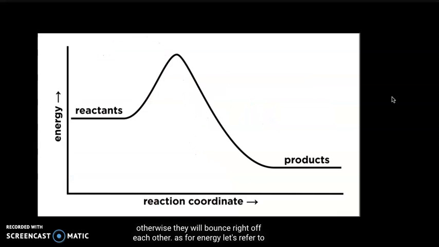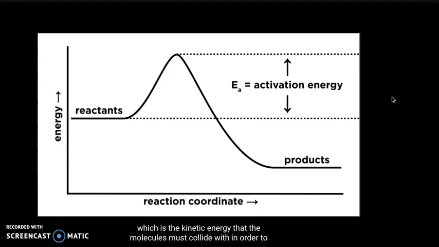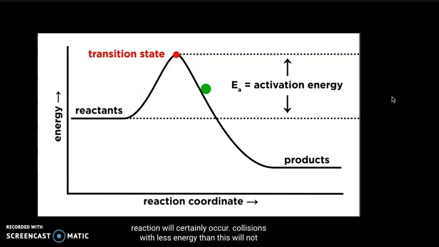As for energy, let's refer to an energy diagram. On these, up means higher energy, and to the right means later in time. So we can see that any reaction will have an activation energy, which is the kinetic energy that the molecules must collide with in order to reach the transition state. This is the orientation which, once reached, the reaction will certainly occur.